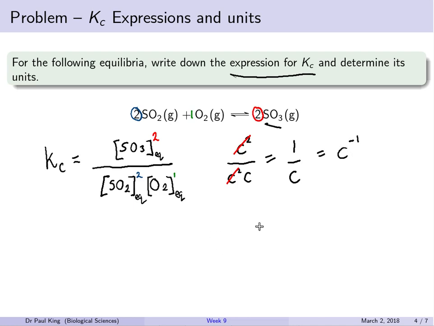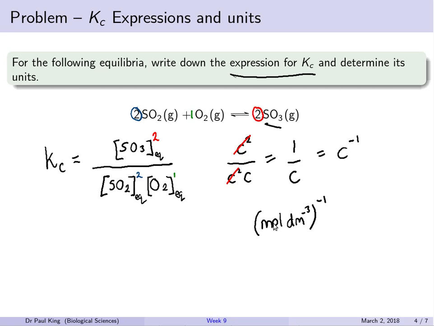Now if we happen to be measuring concentration in terms of moles per decimeter cubed, you can see that we then have to raise those units to the power of minus 1. And so what we then do to work out the units of our equilibrium constant is we multiply the units' powers by the power outside the brackets.